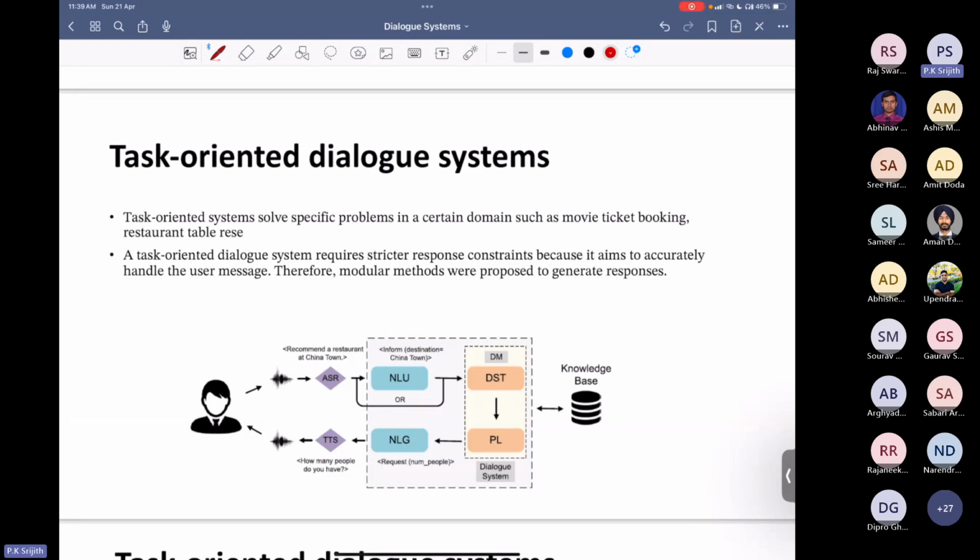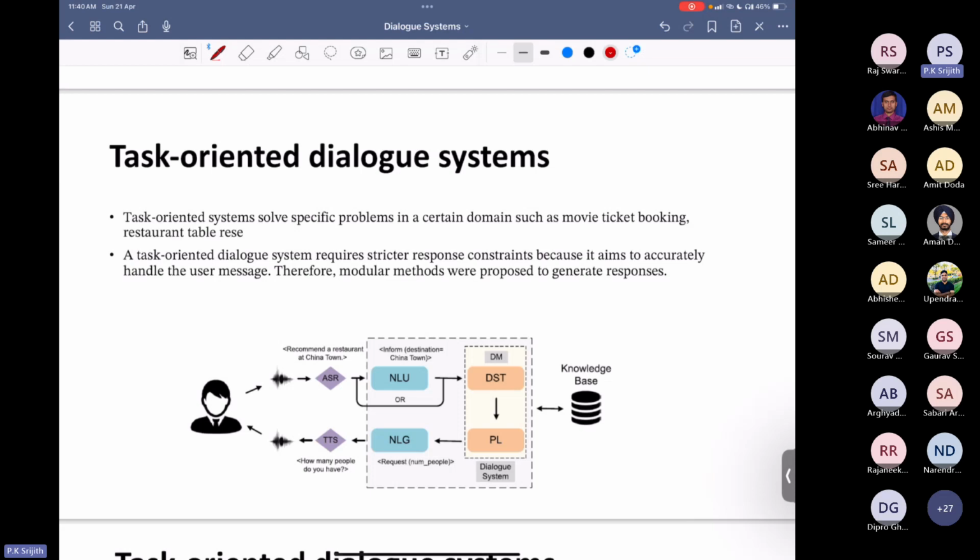Task-oriented dialog systems, as we mentioned, try to solve specific tasks like booking an accommodation, booking train tickets, booking flight tickets, etc. In order to do some specific activity, it has to follow a specific architecture or framework.